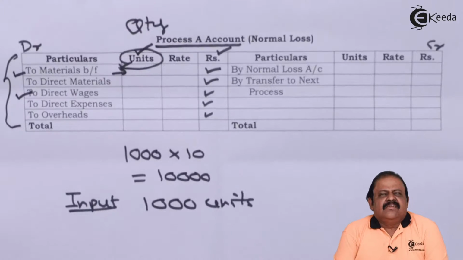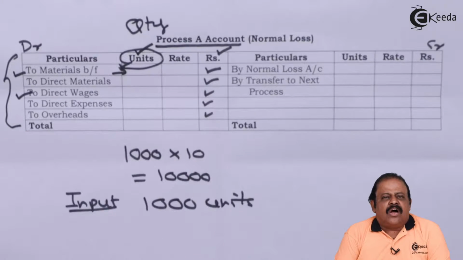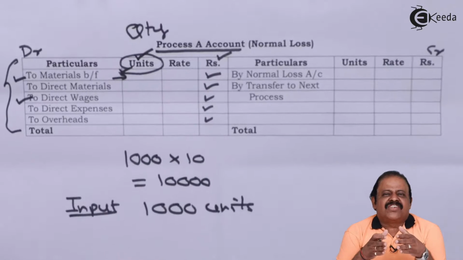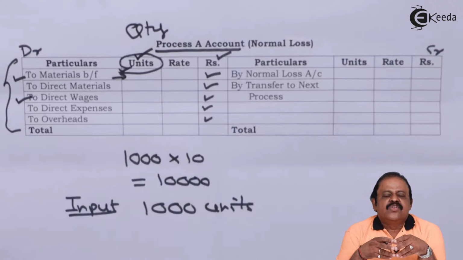So if there is input of 1000 units, are we going to get output also of 1000 units? There is no possibility that we'll be getting the entire amount in output, because in the production process the material is being introduced in machinery, so there is a possibility that we may be losing some of the quantity of input units, so output may not be equal to the input units.